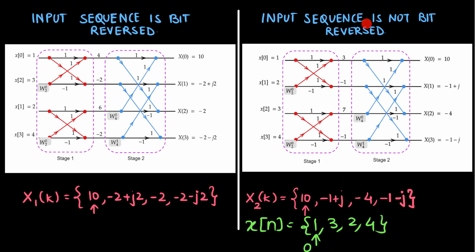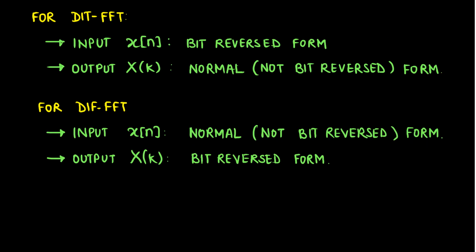So basically if we don't perform bit reversing, we are finding the DFT of this sequence, and obviously Fourier transforms are unique for every signal, and therefore the Fourier transforms of these two signals will not be the same. Therefore what we conclude is bit reversal is a necessary step for DIT FFT.